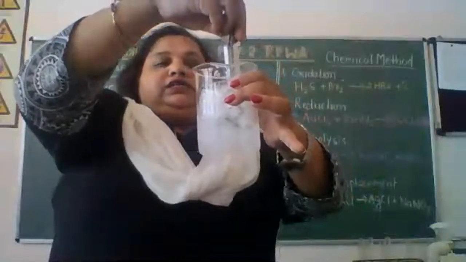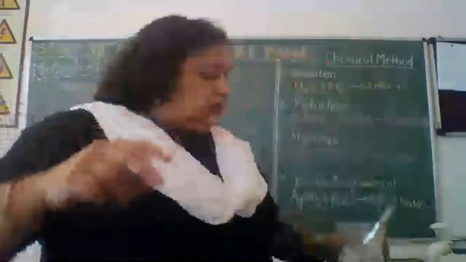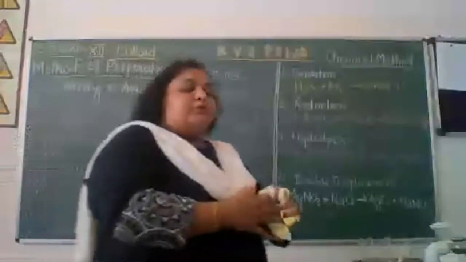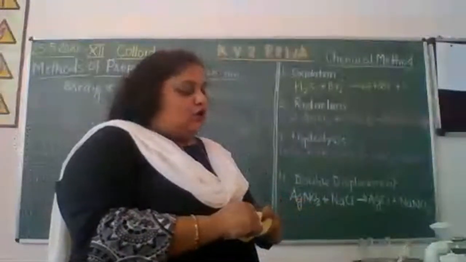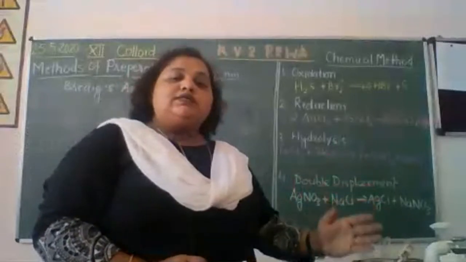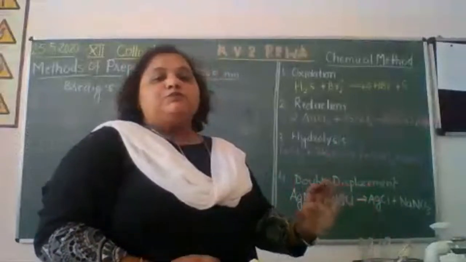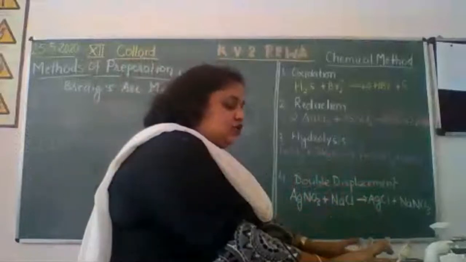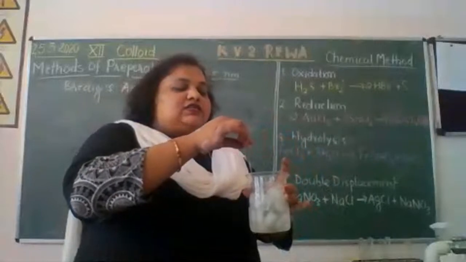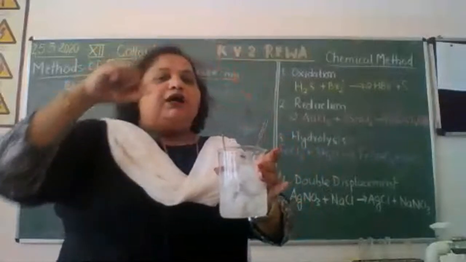Dispersion medium is taken in the inner vessel, and this method is applied especially for metals, right? When you want to prepare the colloidal solution of metals, in this case especially gold, silver and platinum, this method is applied. That's why I have taken the spatula. You can consider a spatula as the two rods of the metal, right?